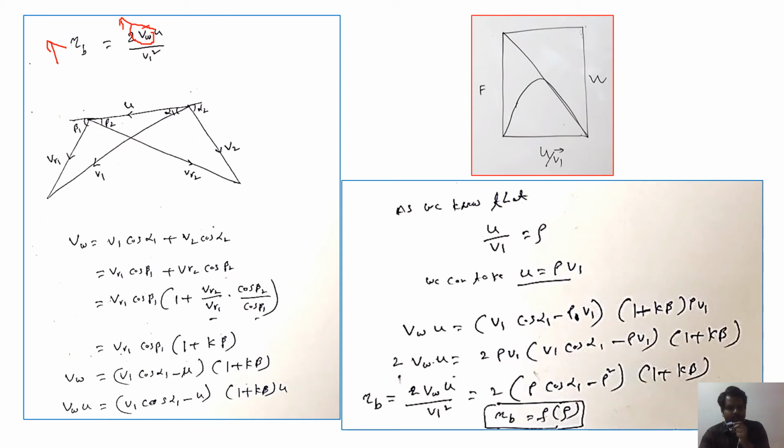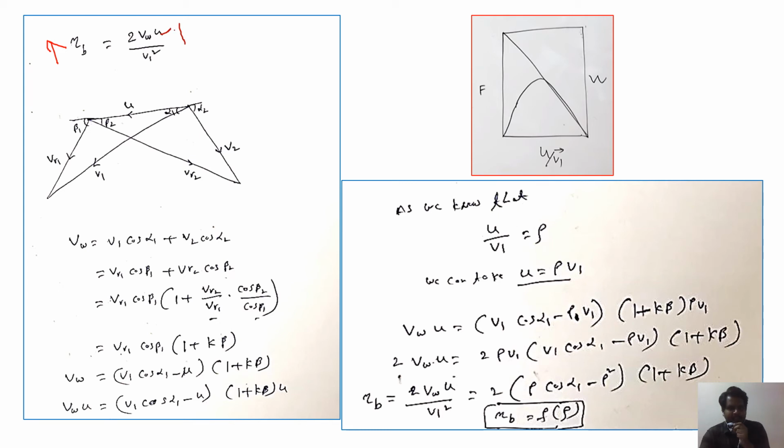But Vw depends on V1, because when V1 increases, the force exerted on the blade increases, and the whirl velocity increases. So Vw depends on V1. Vw is also almost constant. Now the remaining term is U. U is the blade velocity.